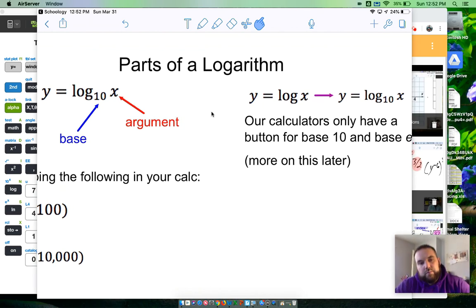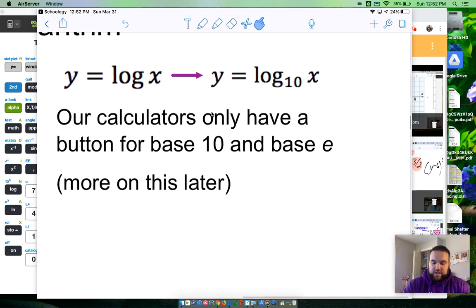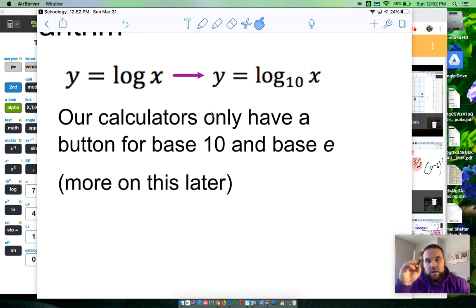For the logarithm log base 10, our whole number system is built around base 10. So if you see on your calculator, and we'll look at this in a second, a logarithm that is missing a base, we assume it to be base 10.